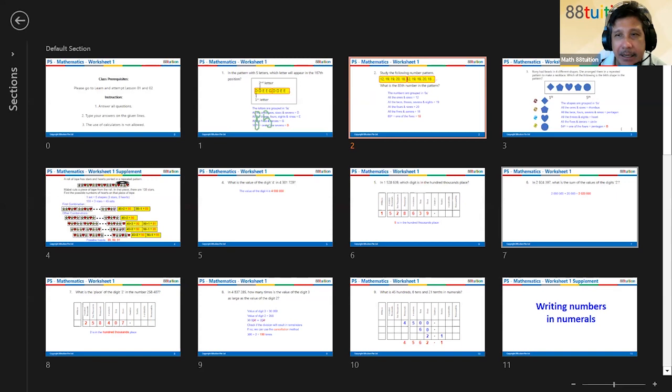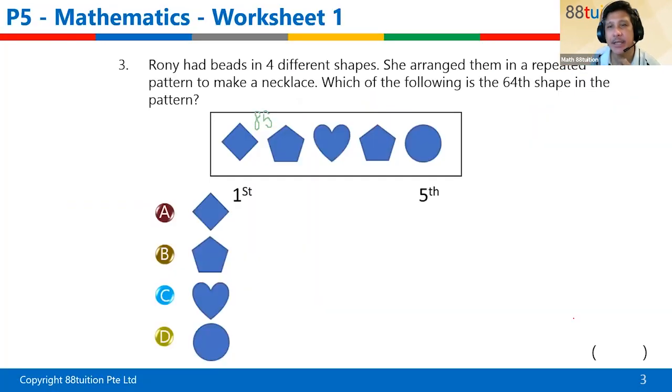Okay, we have a shape question. Now you see this question, and the question is asking for the 64th shape. Wow, the 64th shape is a little challenging. So which shape is it? It's B. Why do you say it's B? Because there are 5 shapes.